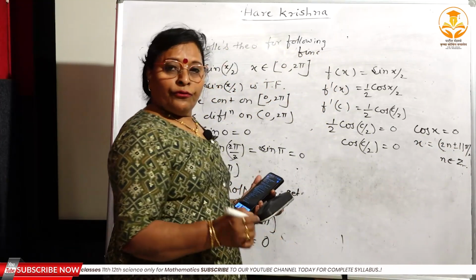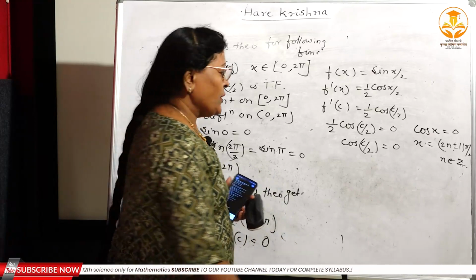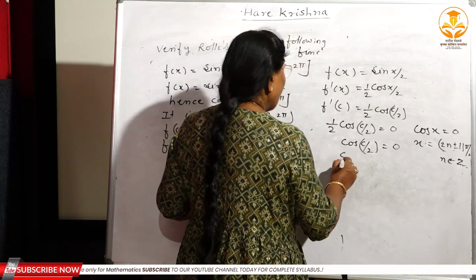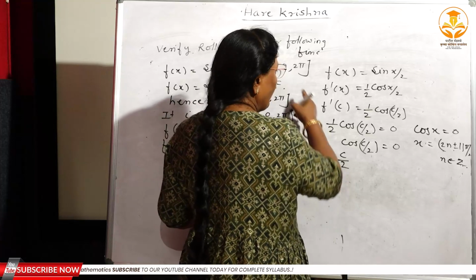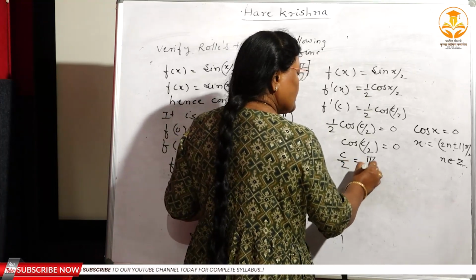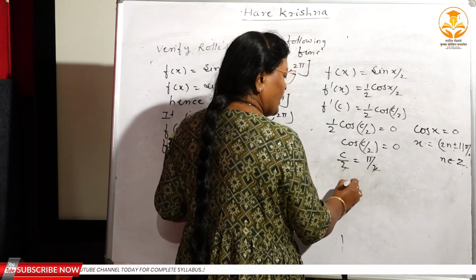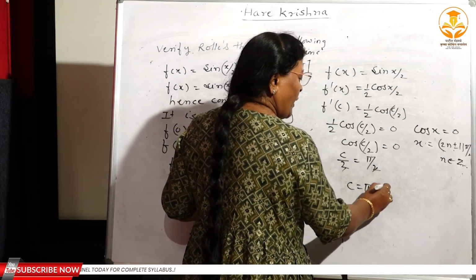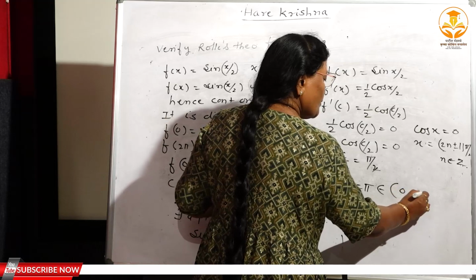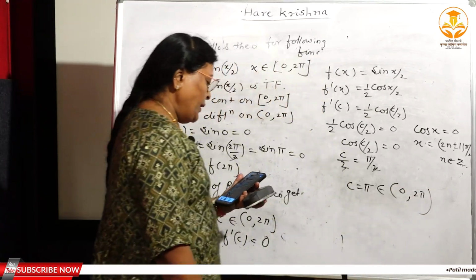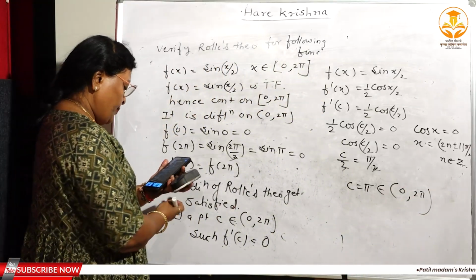Therefore for pi by 2 it is equal to 0. Therefore c by 2 is equal to pi by 2, the 2s get cancelled. What is the value of c? Pi, and which belongs to the open interval 0 to 2 pi, isn't it?